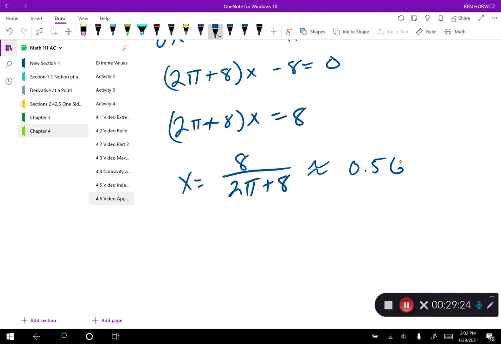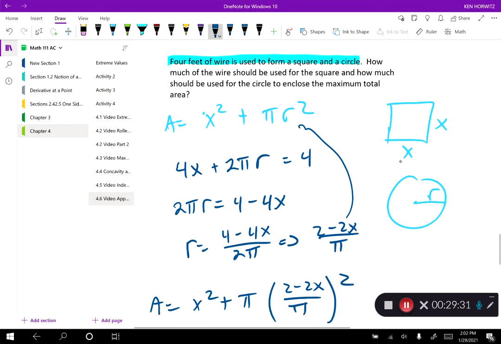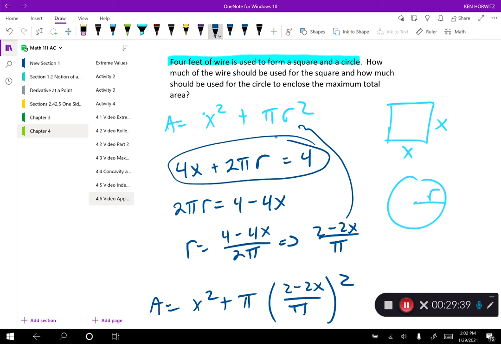So now we can plug in our endpoint. Well, now we got to go back and see if we have endpoints. Obviously we do because we have a limited wire. So let's take our perimeter equation, and let's say we wanted to put all of our wire into the square, the x, and none of the wire into the radius, because there's no wire for the radius. The radius is just a measurement.